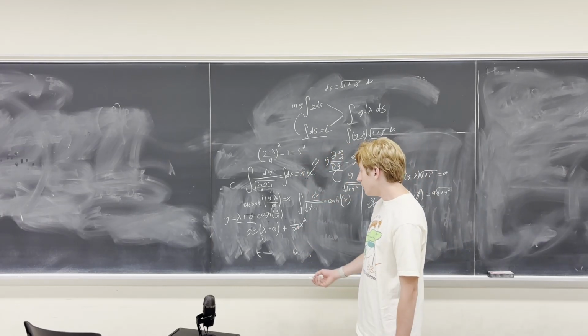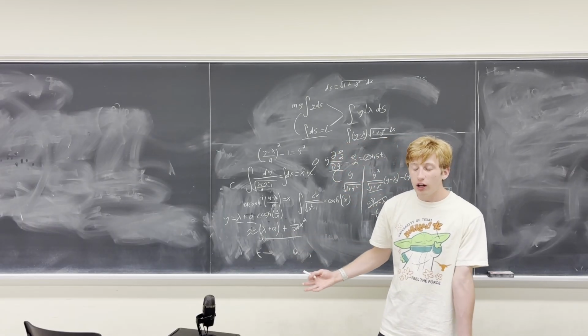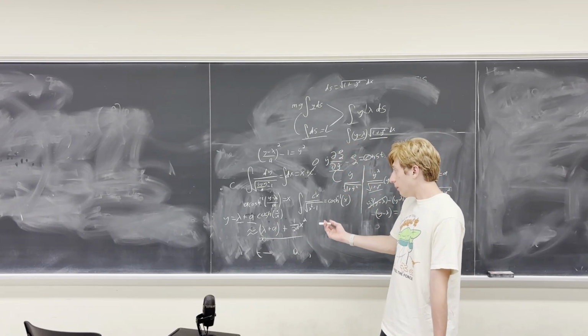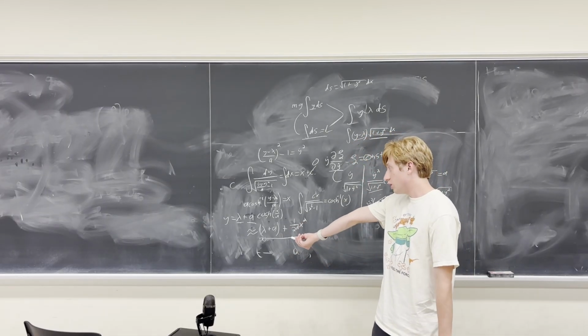So really, it can be a parabola if it's shallow enough. So our chain can approximate a parabola if it is shallow enough.